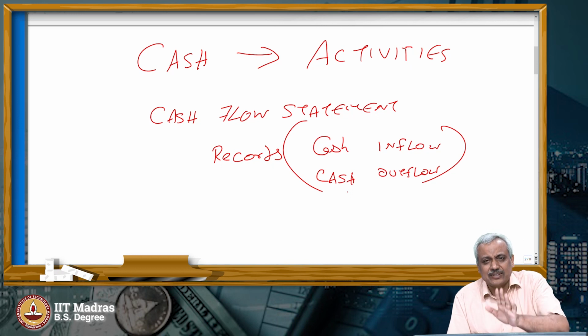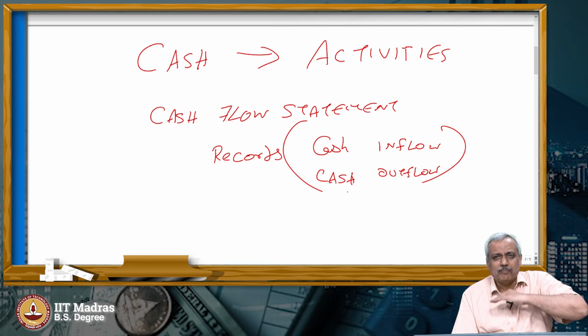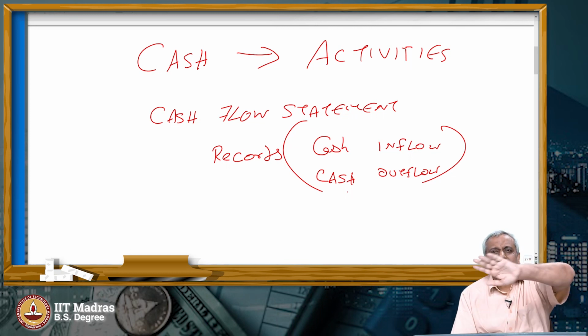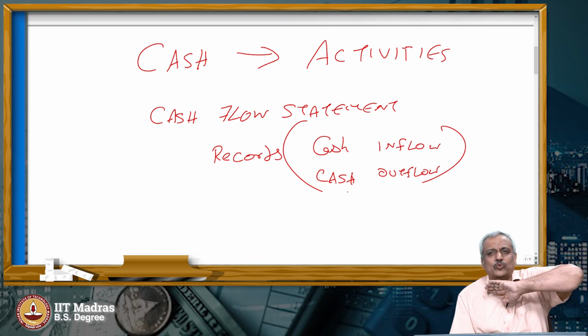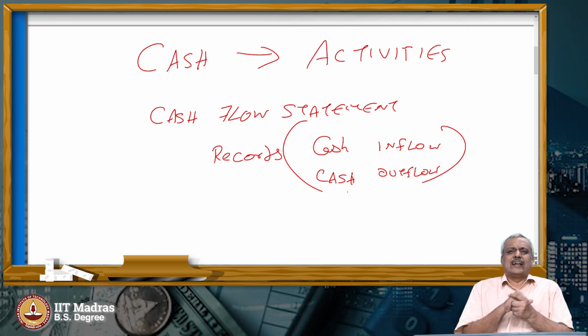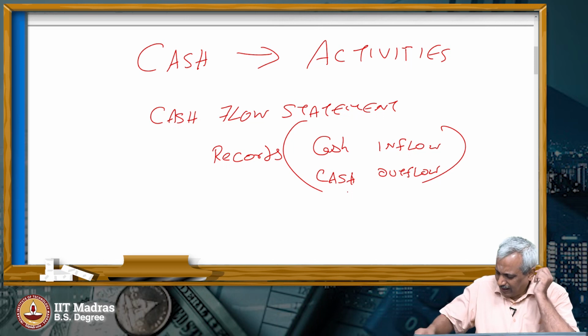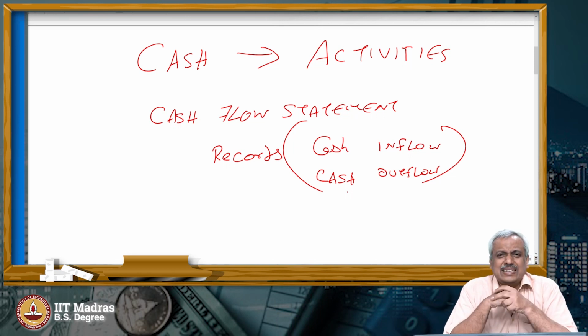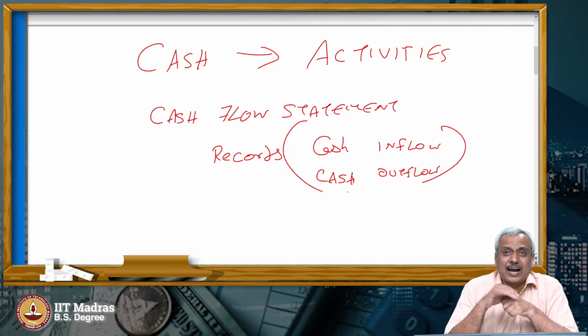So, the cash flow statement records money coming into the business and money getting out of the business. That is all. It does not worry about which year it pertains to. Supposing I receive cash today on a sale that I made 5 years back.